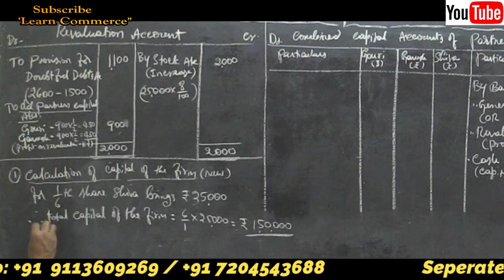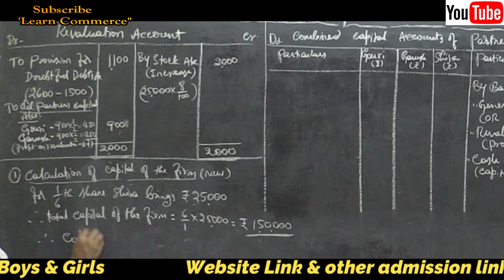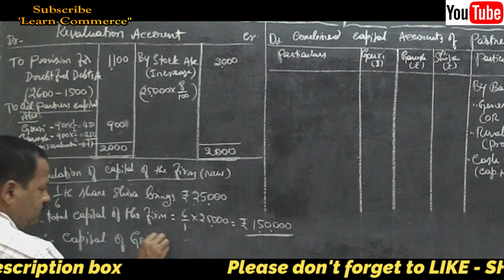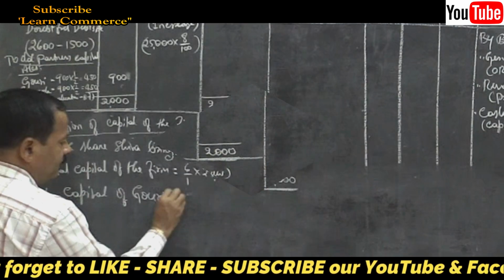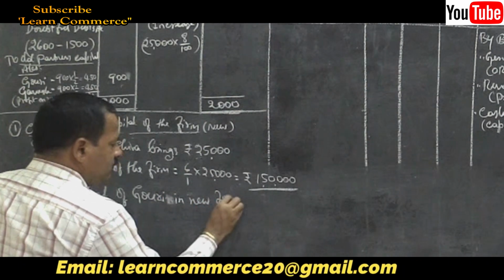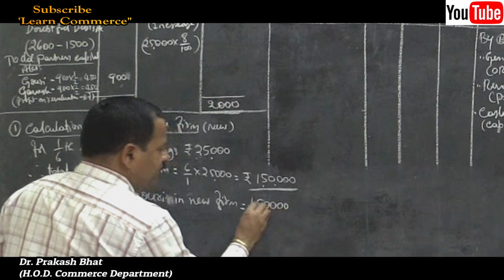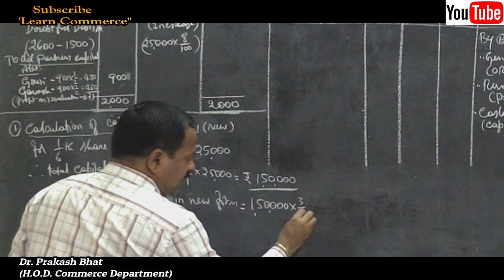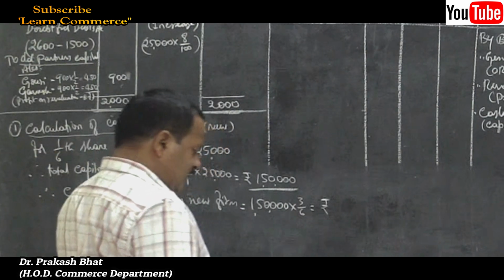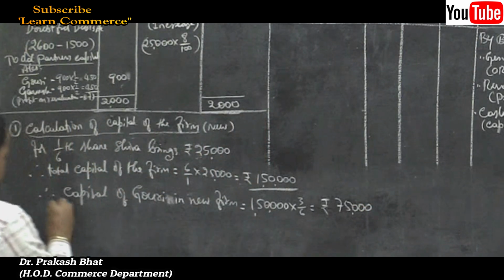Therefore, capital of Gauri in the new firm is equal to 1,50,000 into 3/6, which is rupees 75,000, right?